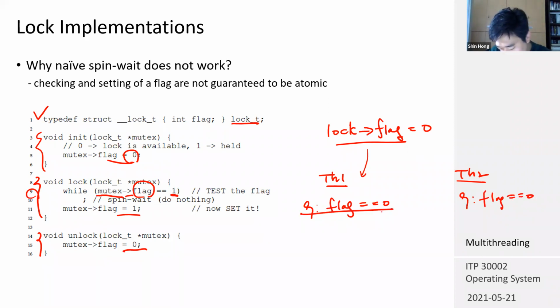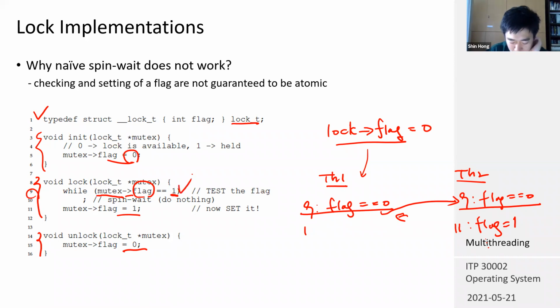After executing this one, what if a context switch happens to thread number 2? Thread number 2 also checks the flag being 0, and then updates the flag to 1 at line number 11. At some point, context switching happens again, and control comes back to thread number 1. It had already checked that the flag was 0, so it already passed the loop condition, and then it moves on to execute line number 11 and makes the flag 1.